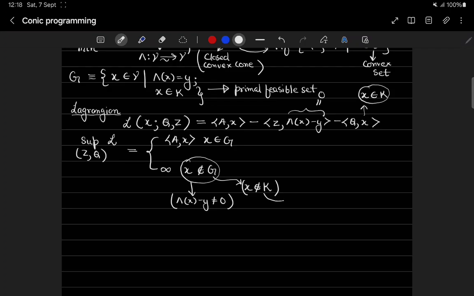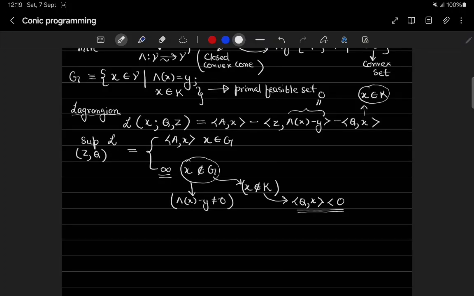And if this happens, then I can find a separating hyperplane Q such that Q times x is always less than 0. This I can find. And the point is, now I can rescale Q and use this to drive the entire expression to infinity. So this is important.